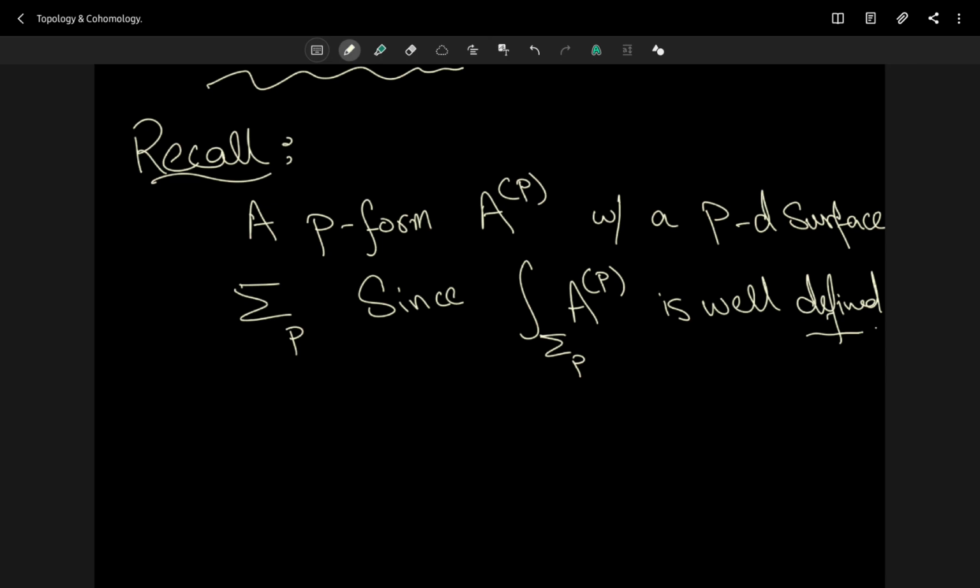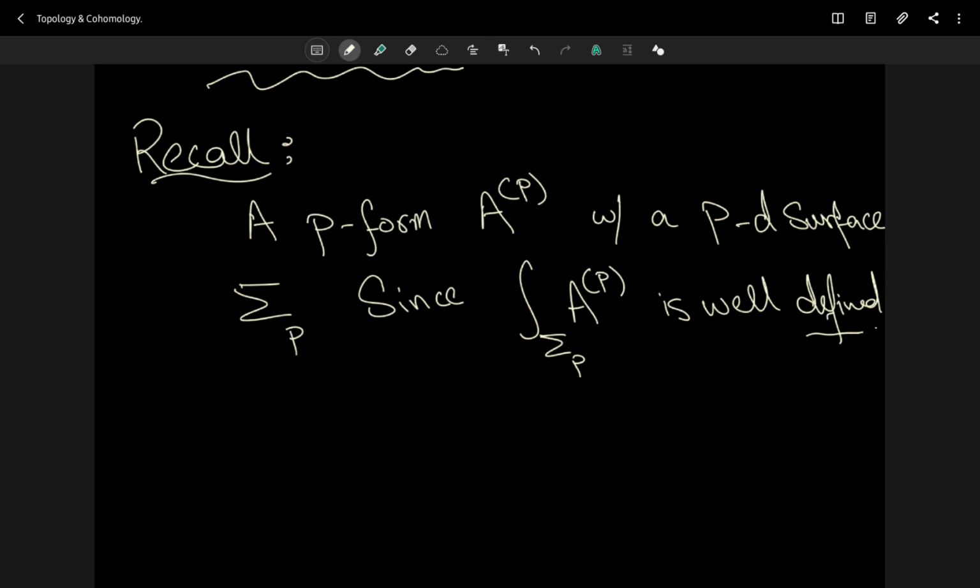So from this then I can say that another way to think about cohomology is to think about topologically distinct p-dimensional surfaces in the space M. And in fact, this is the basic idea of homology, from which cohomology can be obtained by a dualization argument. And it turns out that we only have to focus on the closed surfaces.